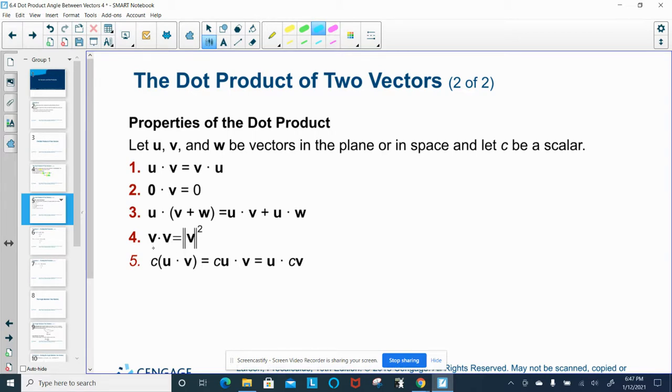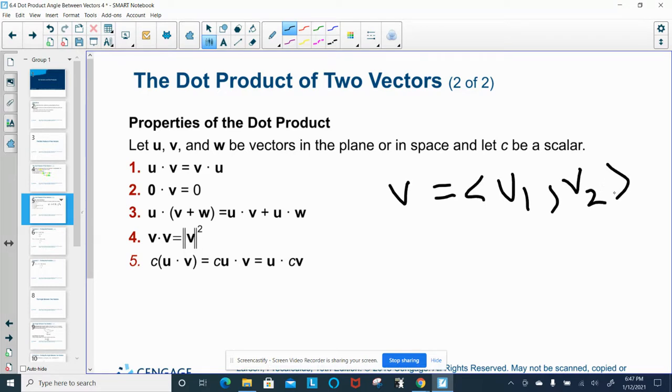This is the interesting part about the dot product, is that if you dot a vector with itself, you're essentially applying the Pythagorean theorem, because you're saying, let's say that V is V1, V2.